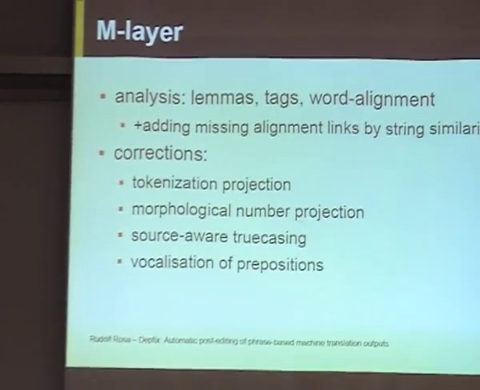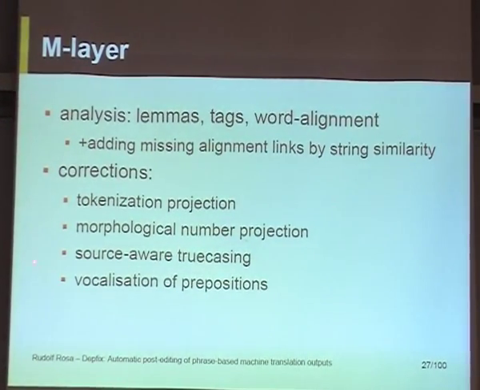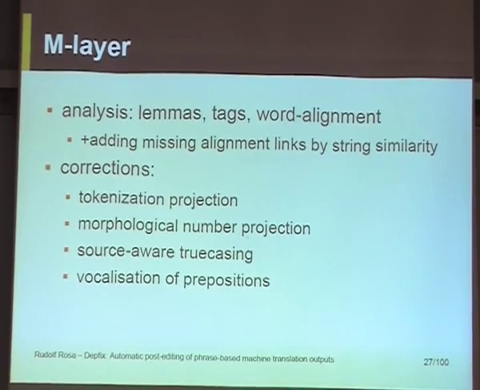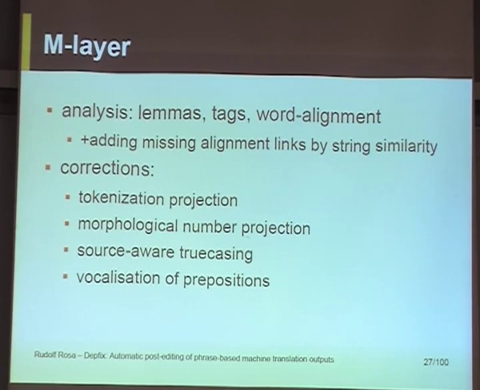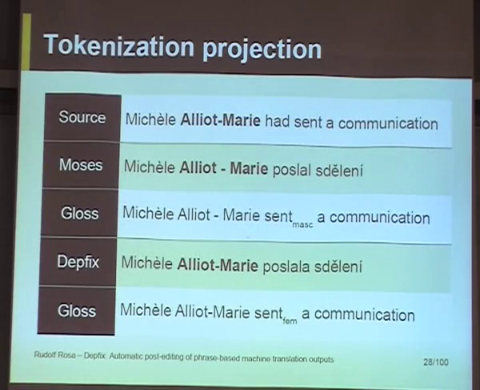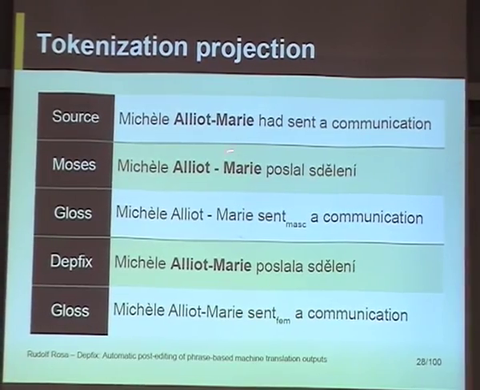And the four main types of corrections that we do on this low layer are projection of tokenization, projection of morphological number, true casing, which means putting correct big or small letters, and vocalization of prepositions. I'll show some of them. The tokenization projection is quite a simple thing.